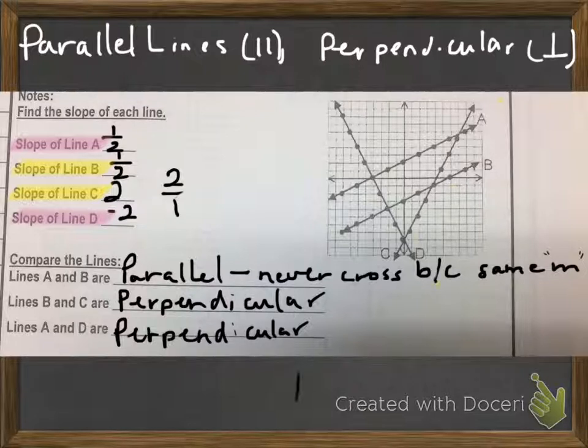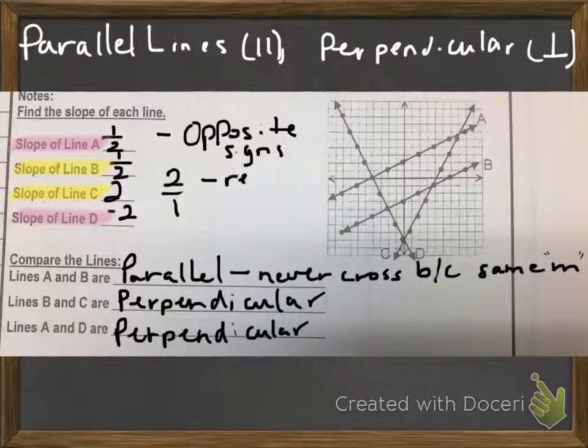Okay? So the first thing that I heard was opposite signs. Okay, good. What else? Opposite reciprocals. Okay, so you're adding to it. So then I heard that they were reciprocal. So I have opposite signs and reciprocals.